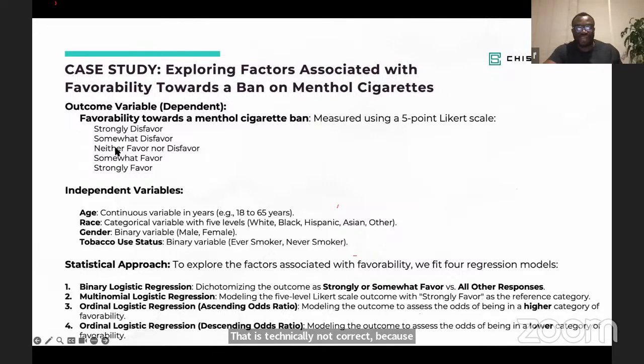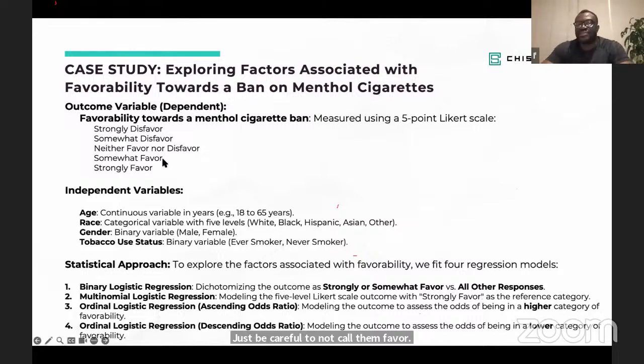You also have that group that says neither favor nor disfavor. They are not opposing, they're just in the middle. So if you are going to collapse these two extreme values, somewhat favor and strongly favor, and all the other three remaining into one category, just be careful to not call them favor versus oppose. It's favor versus not favor.